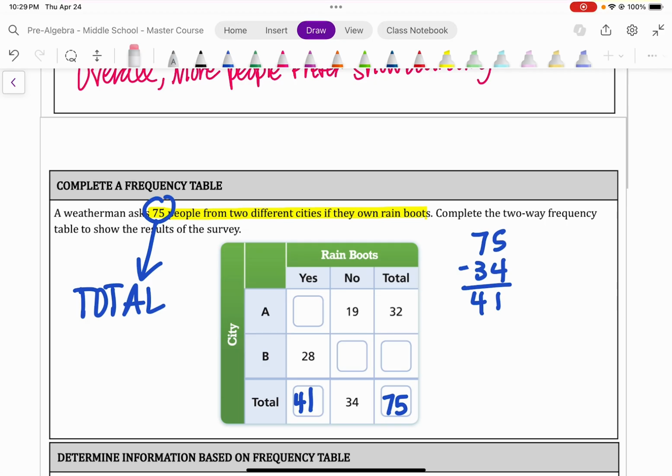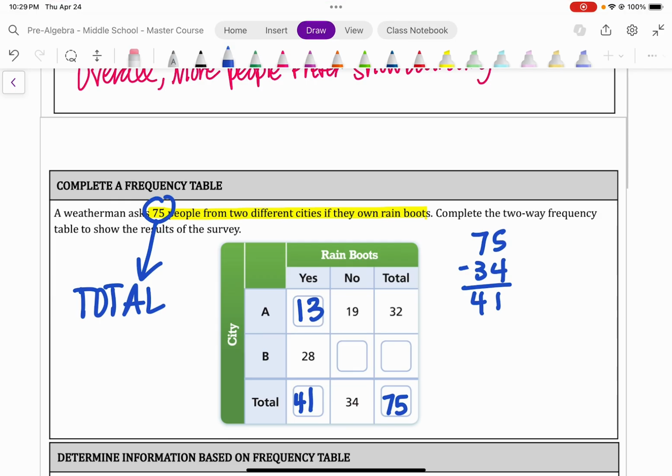So what number would go in for the people in City A that have rain boots? So I can tell that 41 people said yes, they have rain boots. 28 of those people were in City B. That means there are 13 in City A. And if I go across that row, 13 plus 19 is 32 total.